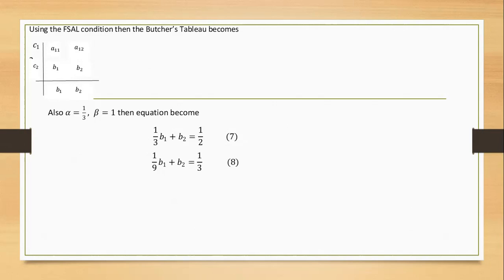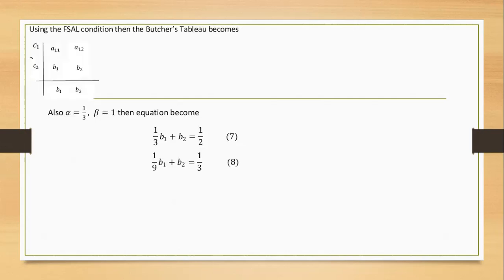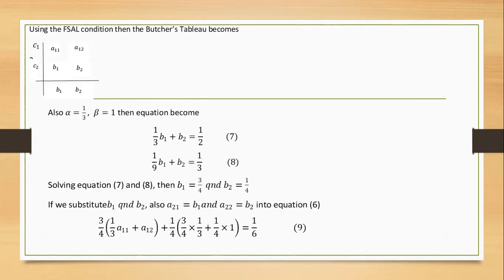Now, if I substitute alpha equals 1 over 3 and beta equals 1 into my equations 7, 8, 9, I'm going to have equation 7 as 1 over 3 B1 plus B2 equals 1 over 2, and equation 8 as 1 over 9 B1 plus B2 equals 1 over 3. Then if I solve these two equations simultaneously, I have B1 equals 3 over 4 and B2 equals 1 over 4.